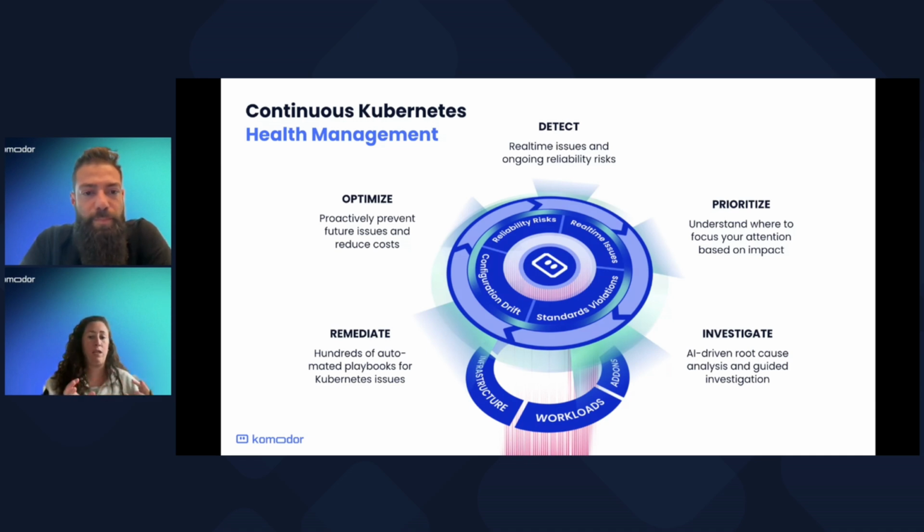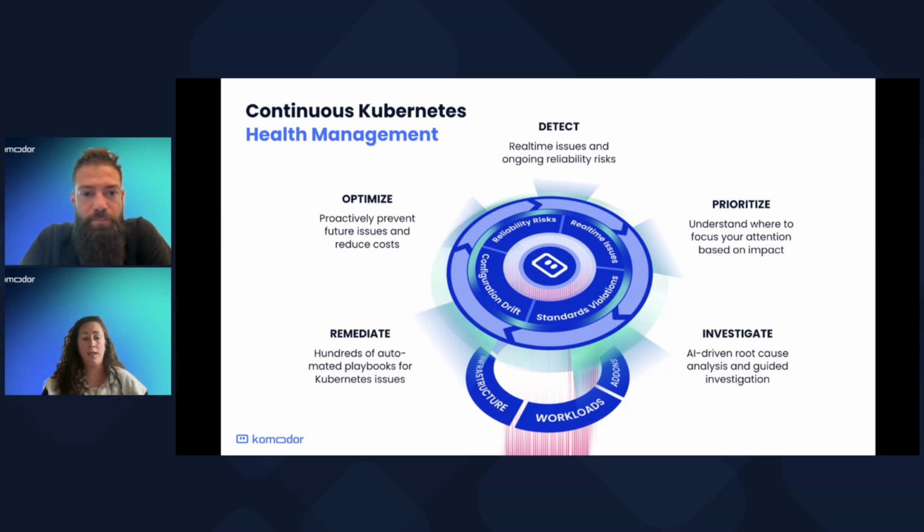Basically, for each one of those resources and each one of those problems, we have a very clear and repetitive process. We first detect that there is an issue. We then prioritize it and help you in investigating it. We have our AI-driven root cause analysis and guided investigation that basically help you in understanding what is the root cause of things.